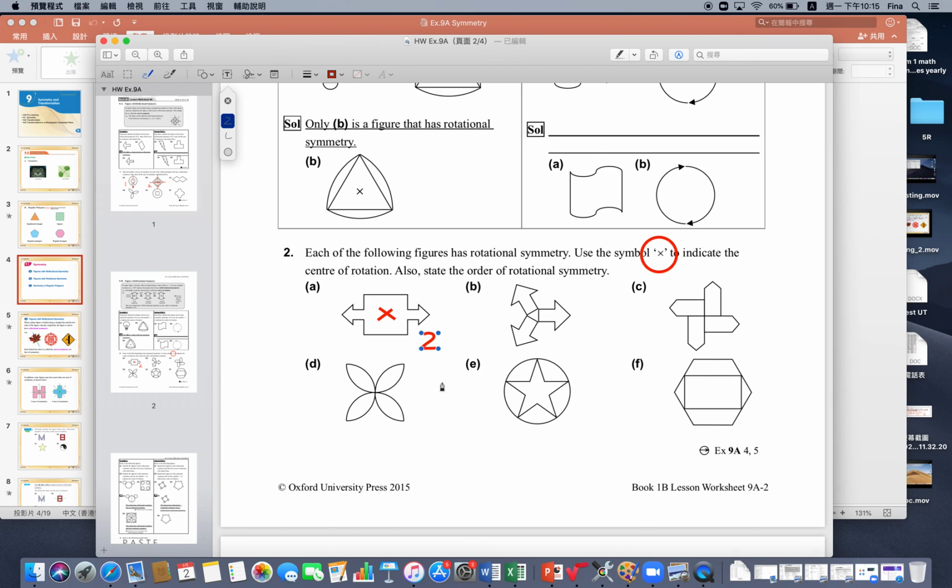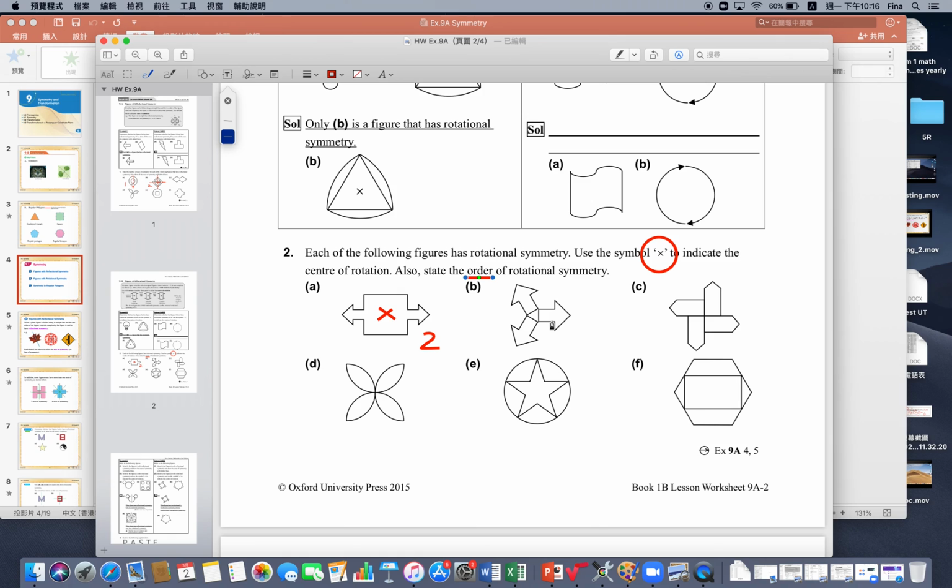Okay? Because in one complete revolution, that means when you turn this figure 360 degrees, the same figure as the original figure appears 2 times. That means the order of rotational symmetry is 2. Then you may just write down the number 2 here.